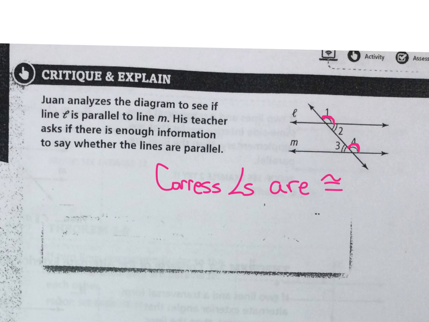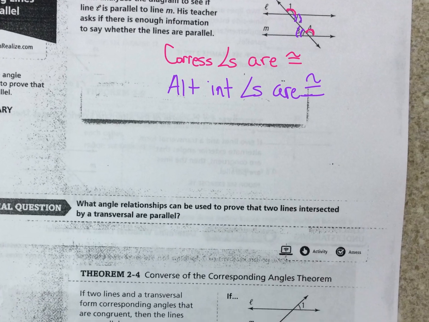And they are congruent. I also see that alternate interior angles are congruent. So there is enough information to say that these two lines are parallel.